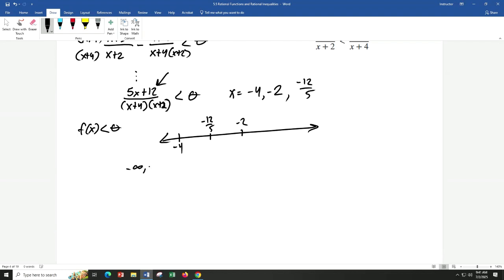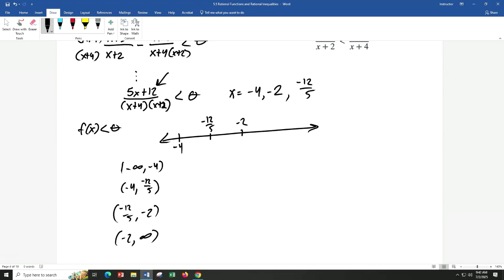Negative infinity to -4, -4 to -12 over 5, -12 over 5 to -2, and then -2 to infinity.